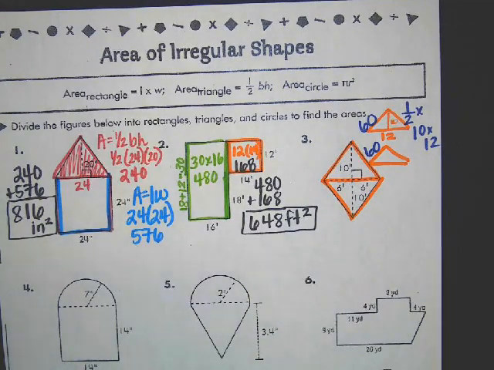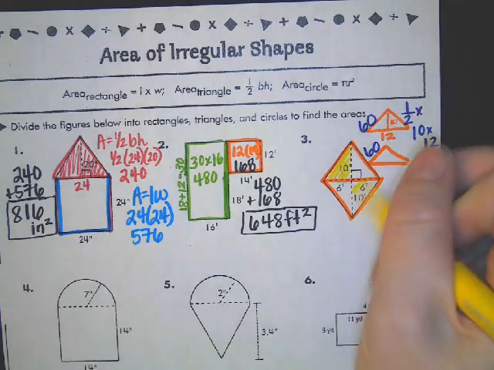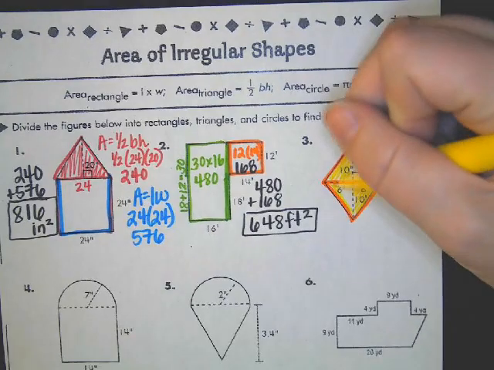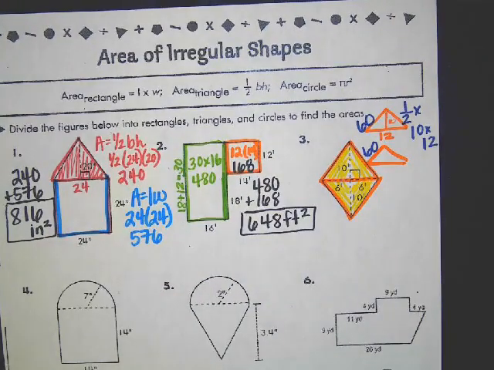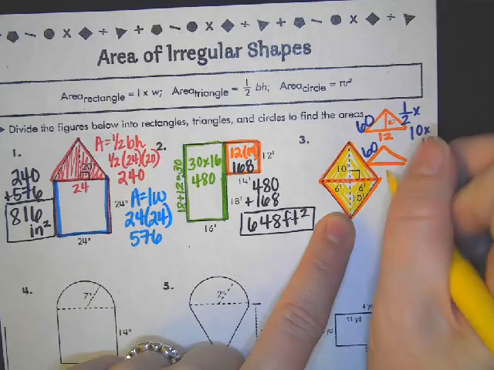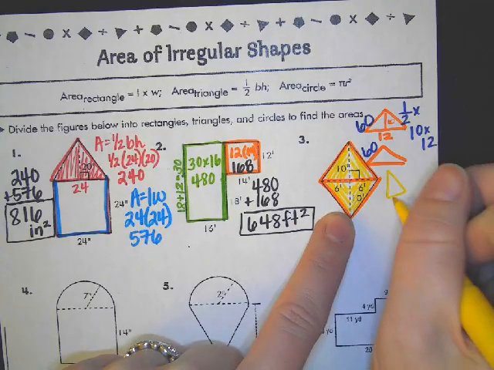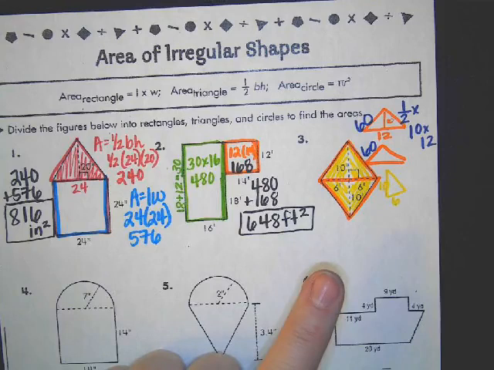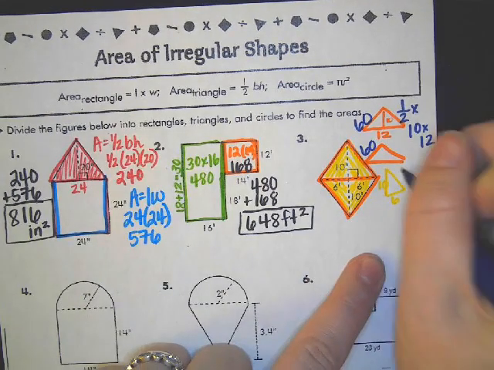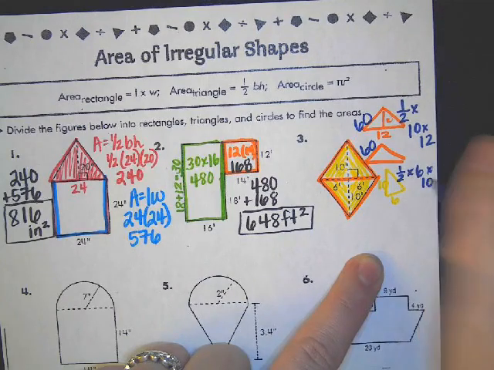Now, I could also solve this as 4 small triangles: 1, 2, 3, and 4. Again, my triangles look to be 6 by 10, so I would say 1/2 times 6 times 10.